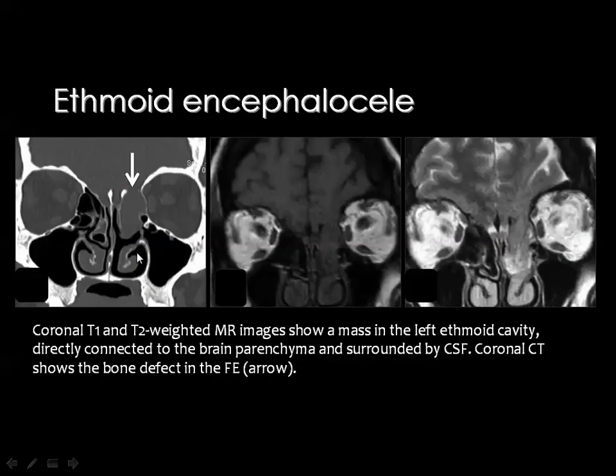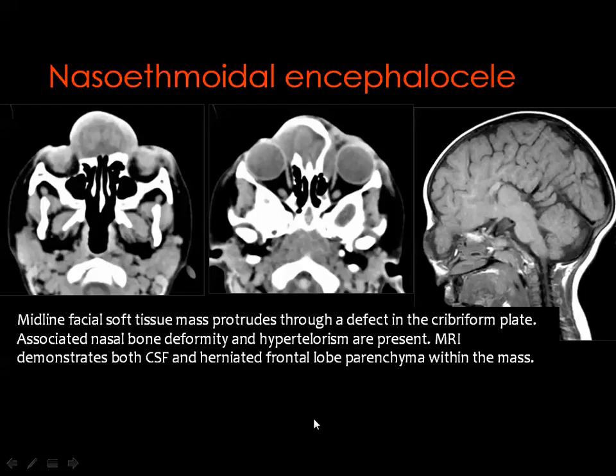In this coronal CT, you can see an opacity here with some defective area in the region of the fovea ethmoidalis, and the coronal MRI T1 and T2 can demonstrate clearly the presence of brain tissue as well as some of the CSF in the encephalocele.